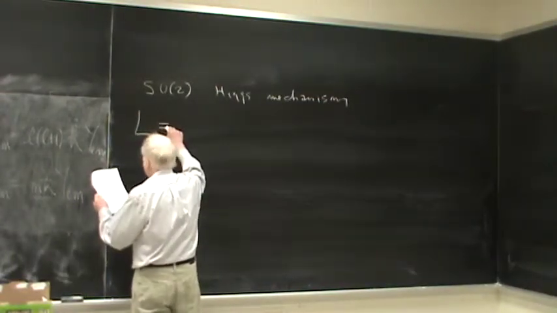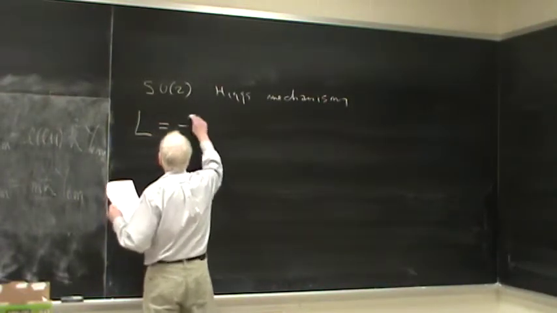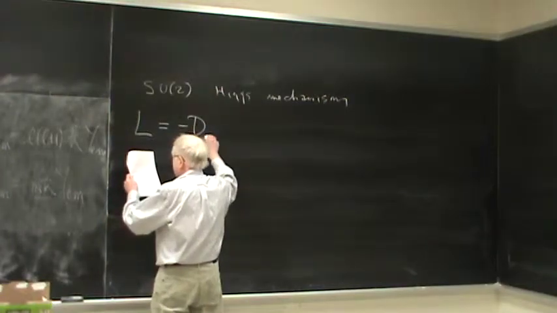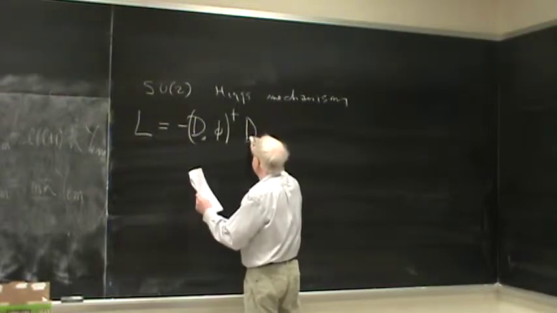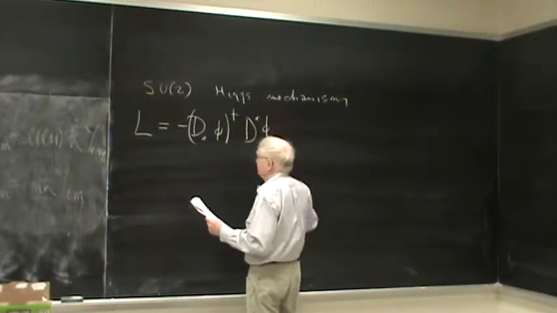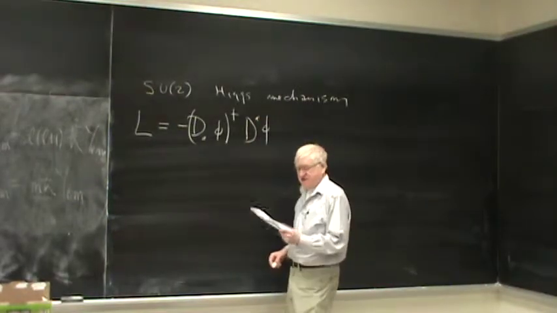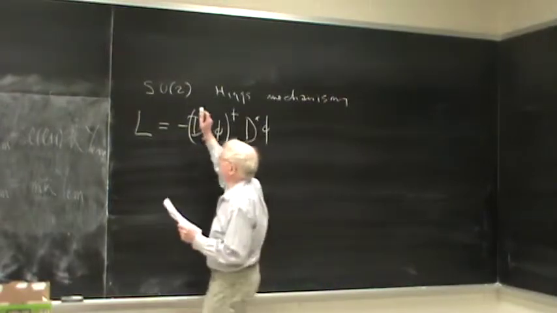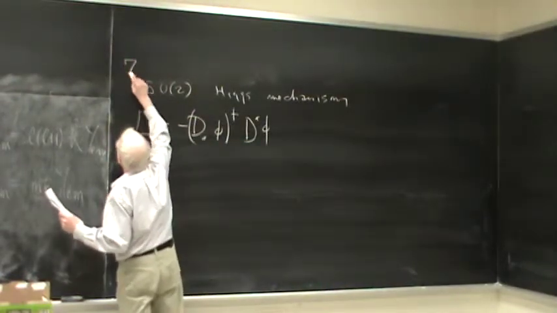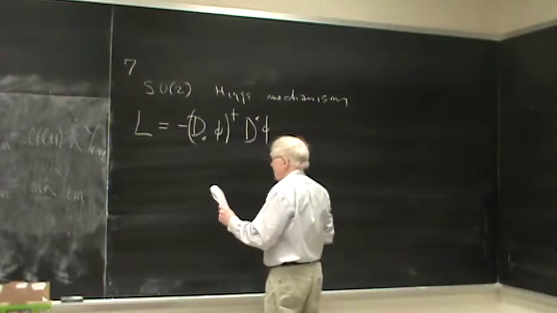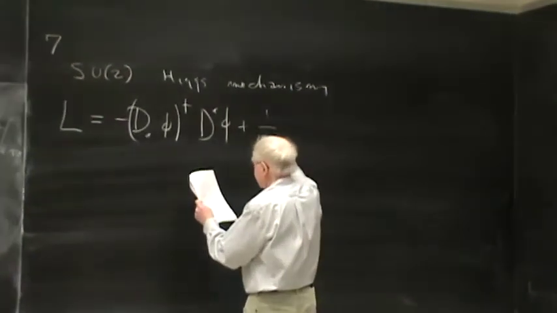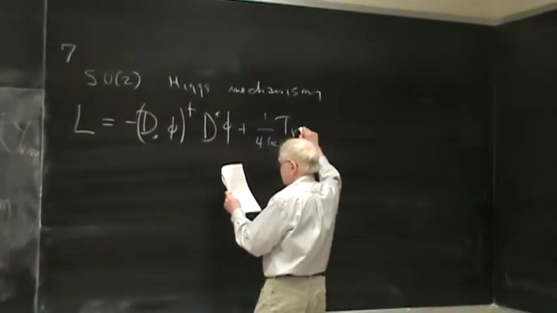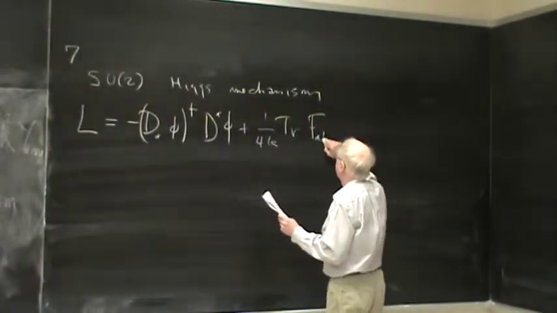The action density is minus D_A phi dagger D_A phi. I'm following my notes, which I put on the web page, and this is section 7. And then this is 1 over 4k trace F_AB.